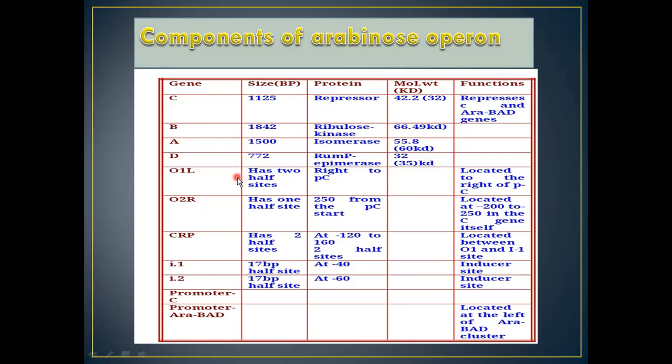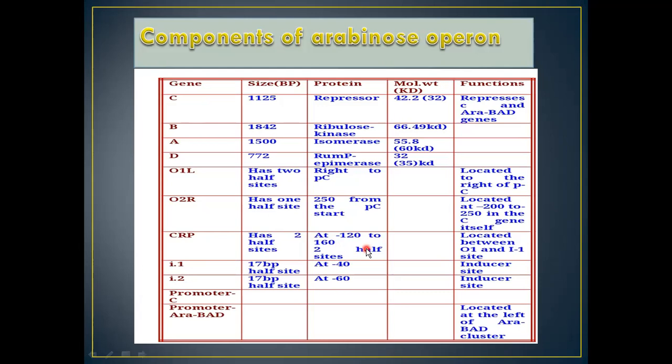Operator 1 has two half sites, one located to the right of the promoter. Operator 2 has another half site about 250 from the promoter start, located at minus 200 to 250 in the C gene itself. The CRP has two half sites, with the protein at 120 to 160 in this base space, and it is located between operator 1 and initiator 1.